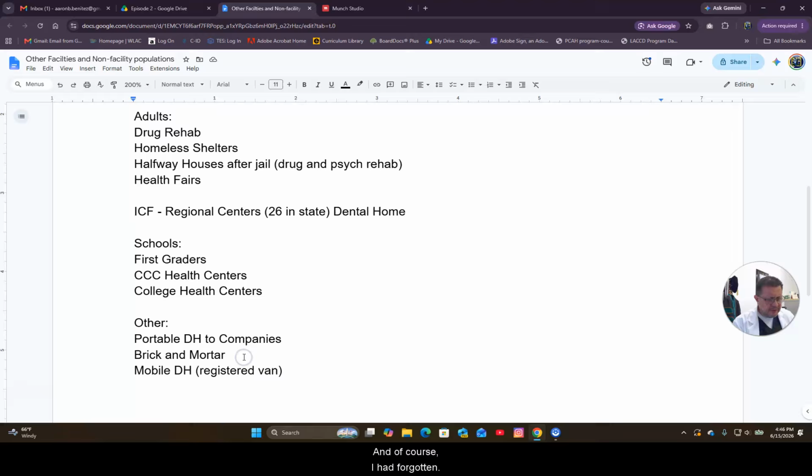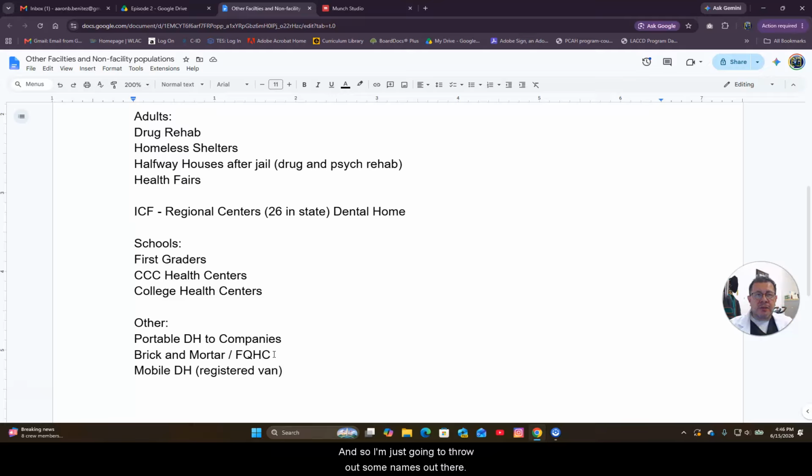And of course, I had forgotten federally qualified health centers. How could I forget? Federally qualified health centers are community health centers, like mini clinics or big clinics, hospitals that are designated because of their federally qualified health center designation.